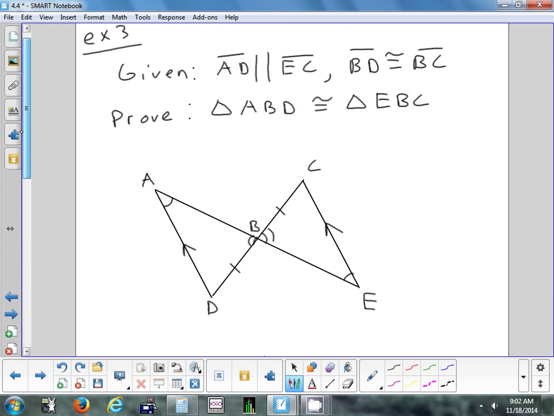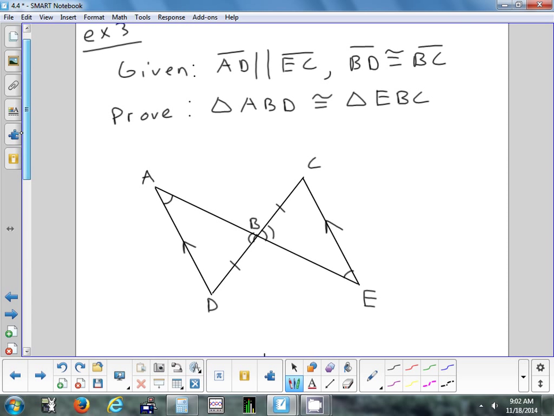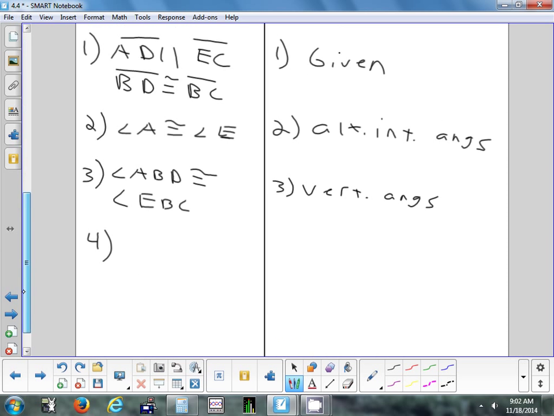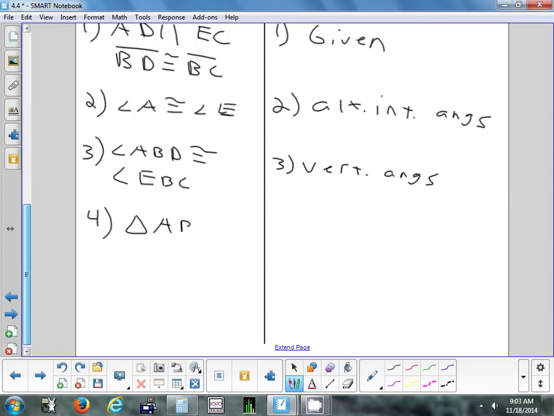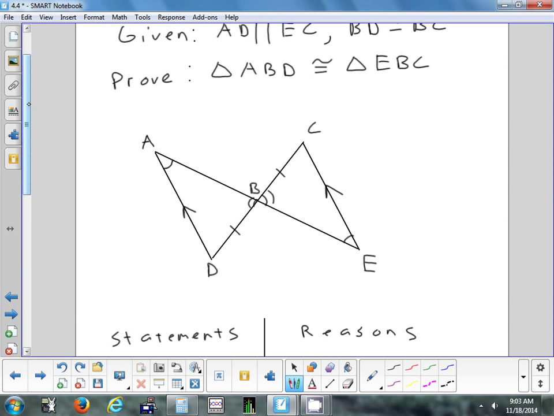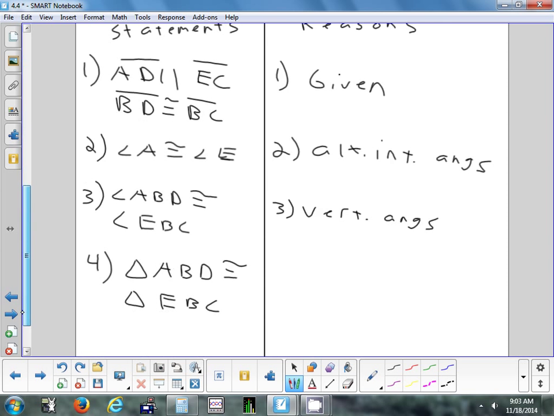So there's two ways of doing this. There's more than one way. Yep, at least two. Triangle ABD is congruent to, was it EBC? Reasons? We have angle, angle, side. That's the reason. You can just write the three letters, angle, angle, side.